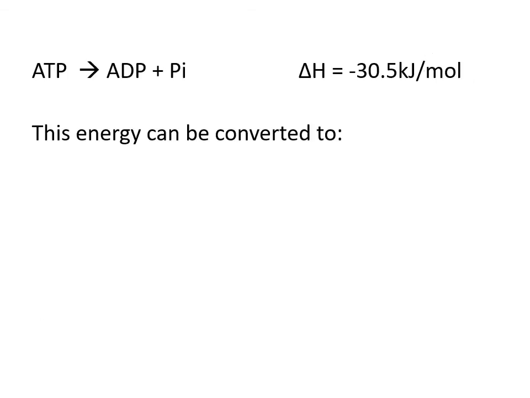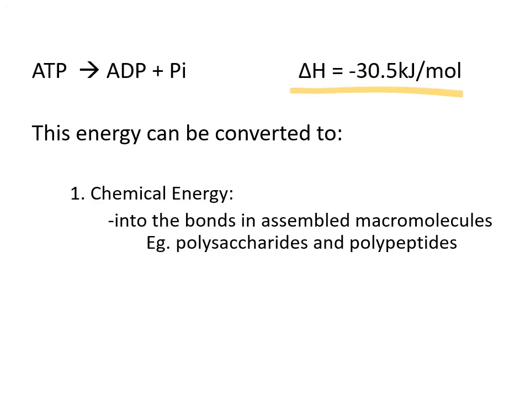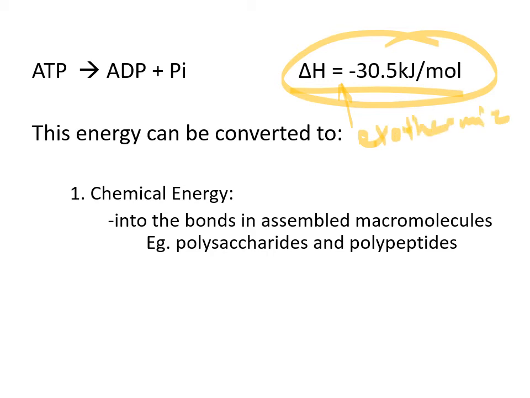This ATP has a change in energy. So here's the enthalpy of negative 30.5 kilojoules per mole. But again, it is an exergonic change when it lets go of that phosphate. We can use this exergonic process. And if you've done some chemistry, you may say, okay, well, that's a delta H and it's negative, so it's exothermic, which is true.